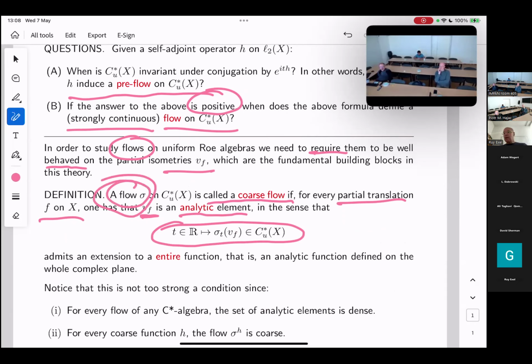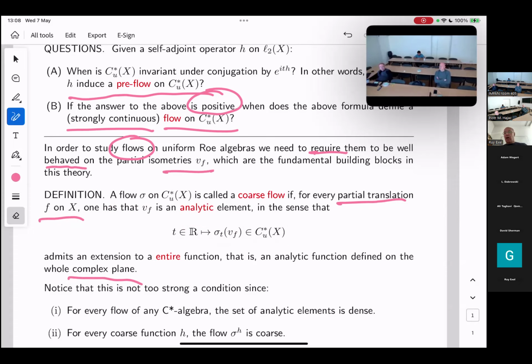But here we are requiring that this function is not only continuous, but admits an extension to an entire function on the whole complex plane. So in particular, this function is going to be analytic. This is our definition of a coarse flow: a flow such that this function over here is very well behaved.